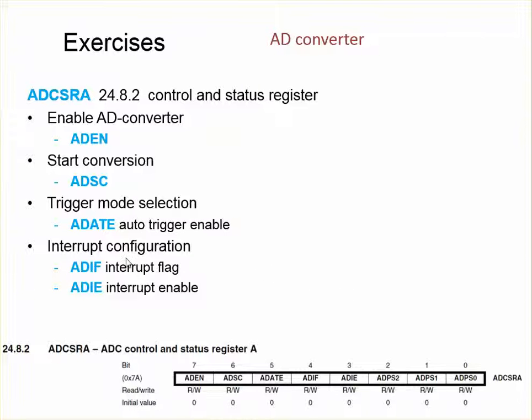It means that when the conversion is done, the interrupt flag bit changes its status. And for activating the interrupt functionality, there's the ADIE interrupt enable bit. With this bit we could enable the interrupts for after the conversion is done.